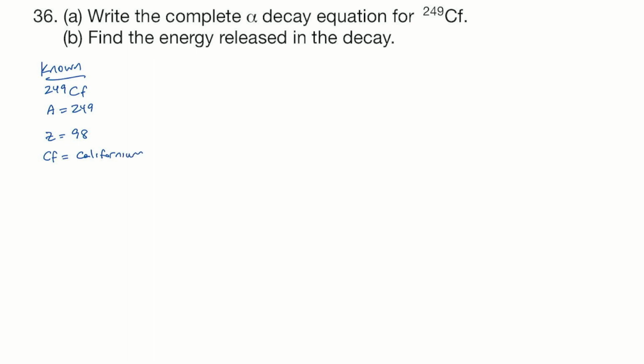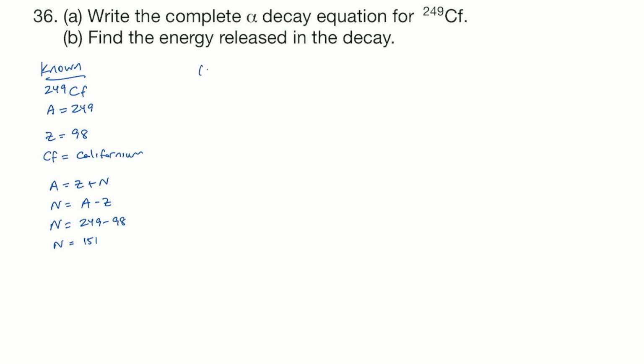We know that A is the number of protons plus the number of neutrons, so the number of neutrons is going to be A minus Z. So we've got 249 minus 98, and that gives us 151 neutrons.